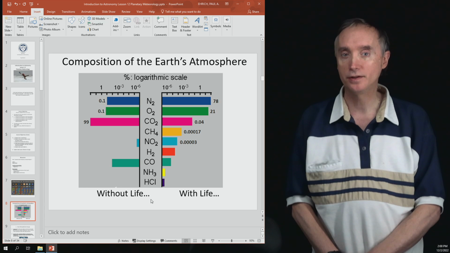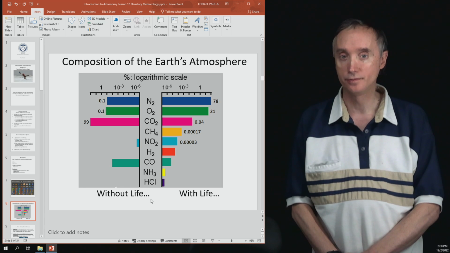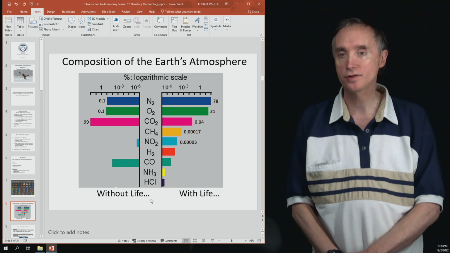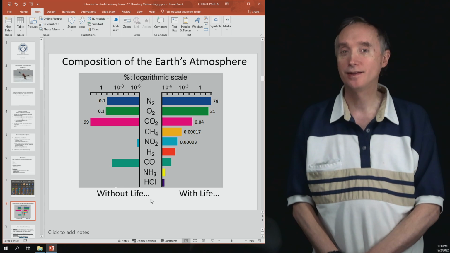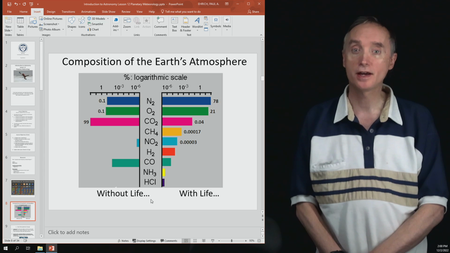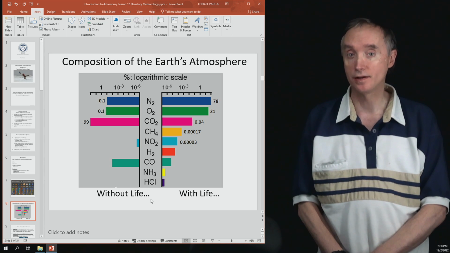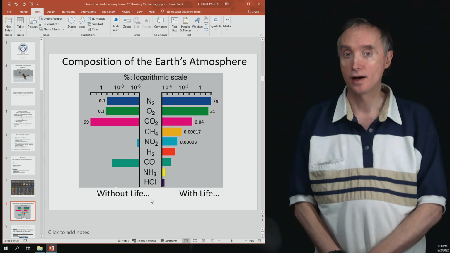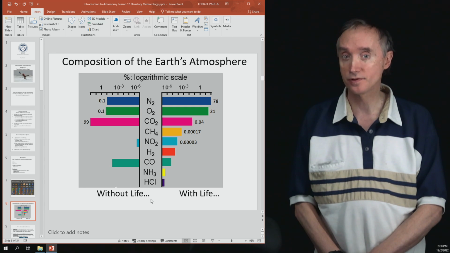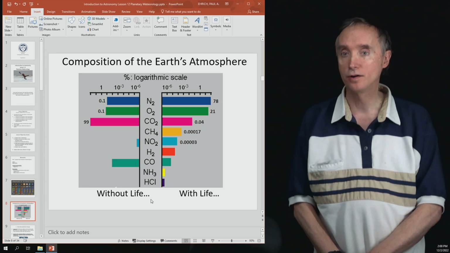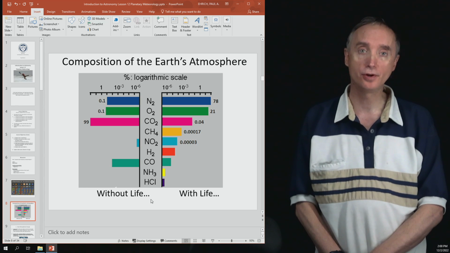So that means that every one of those tick marks, it goes down by a factor of 10. So if there was no photosynthesis, then the Earth's atmosphere would only contain 0.1% oxygen. But notice that it would be 99% what? Carbon dioxide.